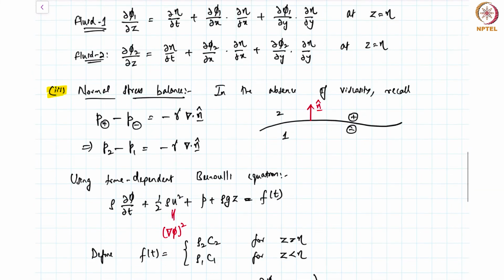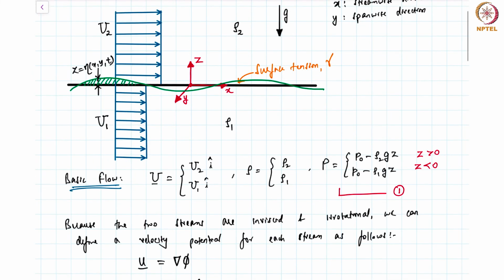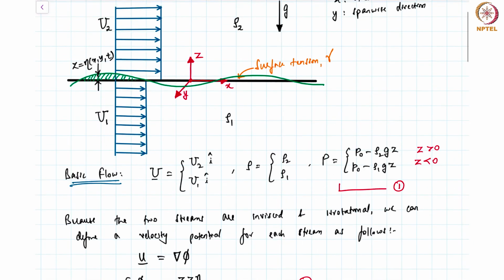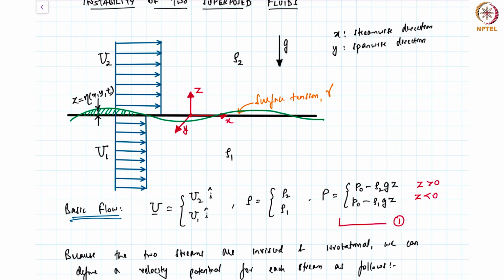What exactly is our base state for us? The base state is velocity is u1 above and u2 below. If I write down for the base state, I can now say for the upper fluid, phi2 will be u2 times x because there is only the x component of the velocity.